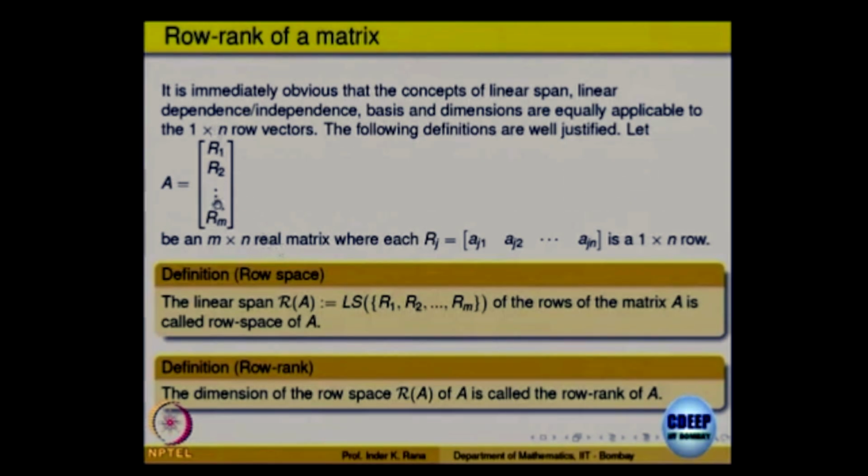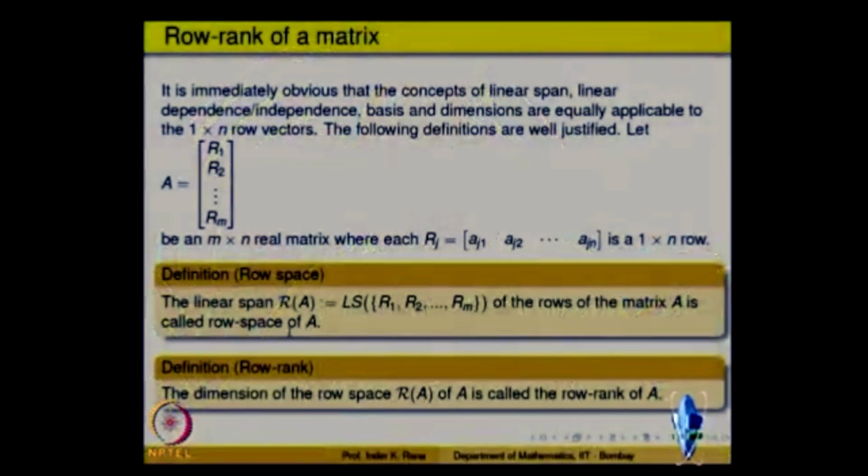So these vectors R1, R2, Rm, if you put them together in a set and generate a vector space, that means the linear span of the row vectors R1, R2 and Rm is called the row space of the matrix A. So given a matrix, look at the row vectors, there are m of them.